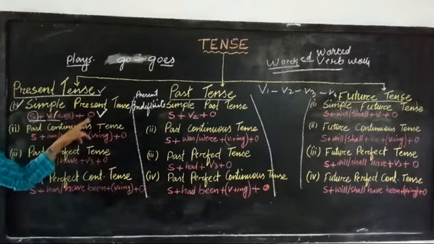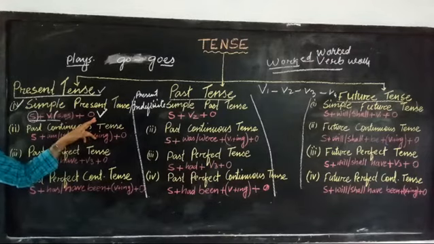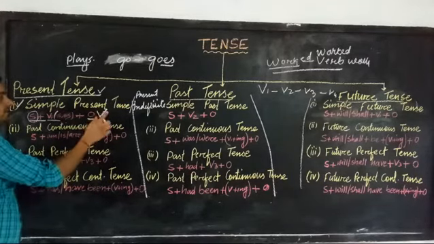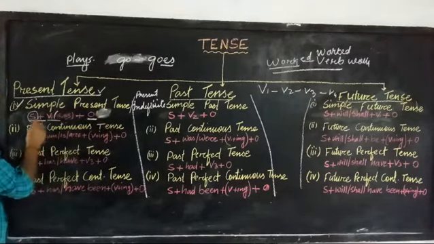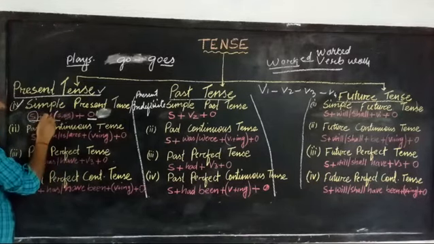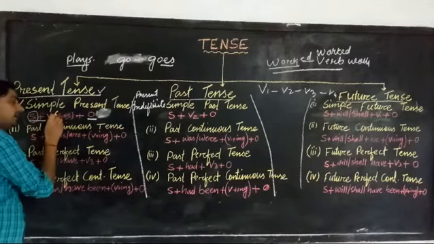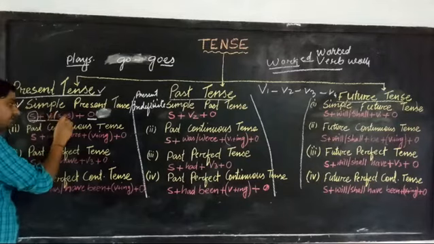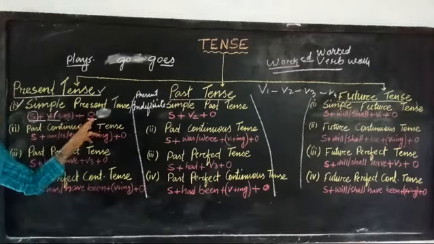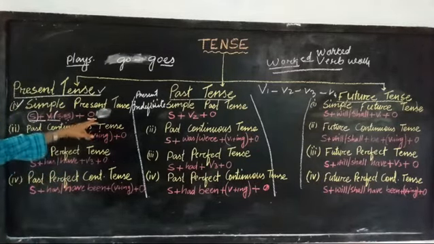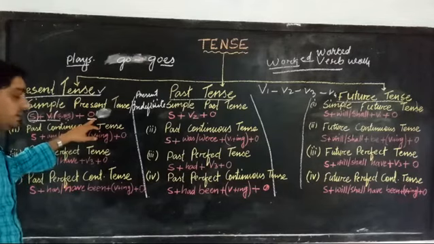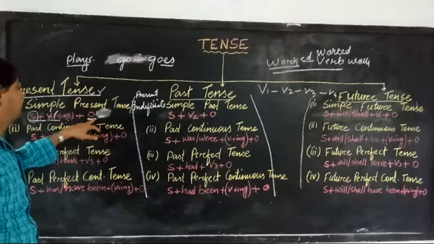And then what is there? Object. Subject, verb with s or es, and object. With the help of this, we will try to make one sentence.